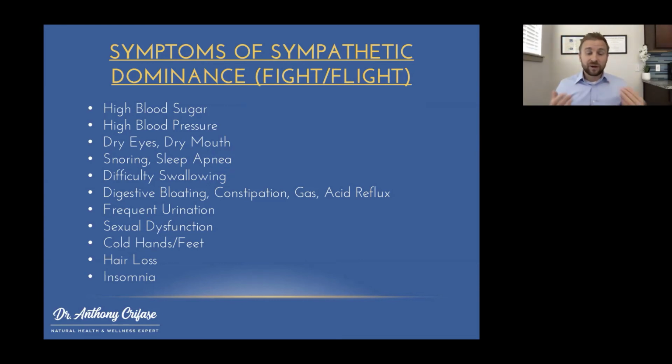Your body is basically in a fight or flight moment. Dry eyes, dry mouth, snoring, sleep apnea, difficulty swallowing, digestive issues, bloating, constipation, gas, acid reflux, frequent urination, sexual dysfunction, cold hands and feet, hair loss, insomnia. All of these are major problems that can be resolved by getting to the root issue.